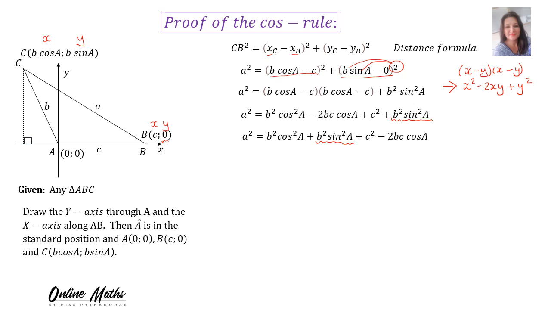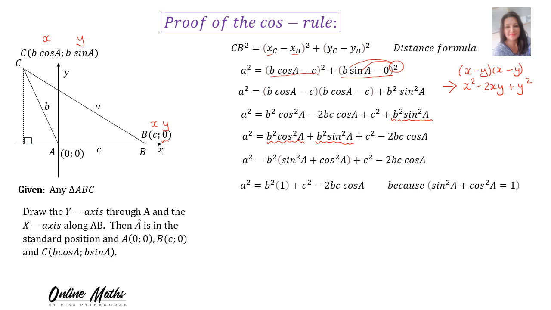So that here I can factorize and take out b squared as a common factor. And I'm left with, in a bracket, sin squared A plus cos squared A, plus c squared minus 2bc cos A. And that is very familiar, since sin squared A plus cos squared A is your squares identity, which is 1.